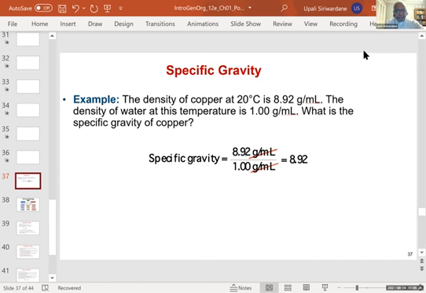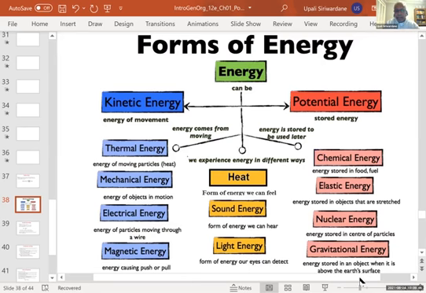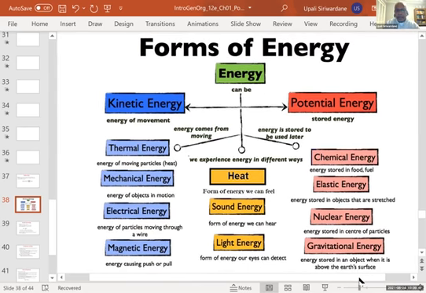Now we are going to go into various forms of energy. Energy can be described as kinetic energy. When matter moves, it has energy known as kinetic energy, energy of movement. Potential energy depends on where it is stored.